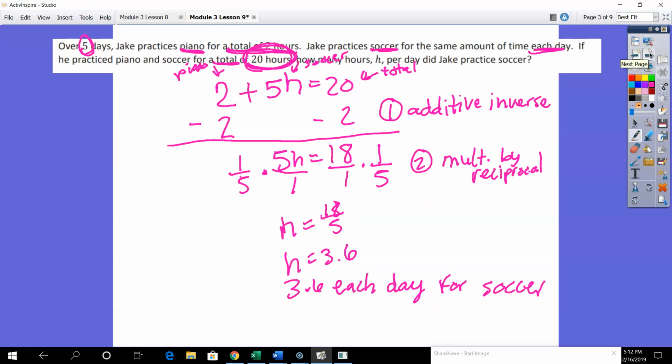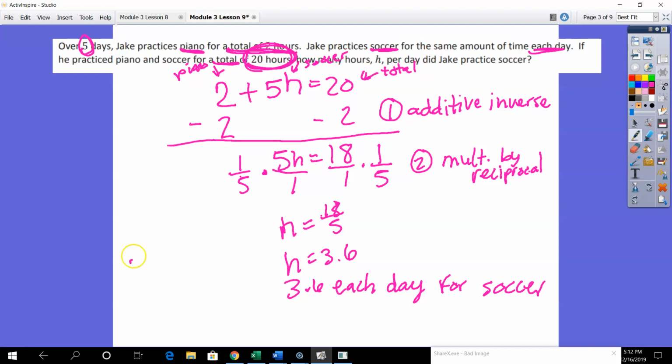Okay. And then if we wanted to look at how much time that really was, 3.6 hours is not 3 hours and 6 minutes. We would have to think about the fact that it is 0.6, and there are 60 minutes in an hour.